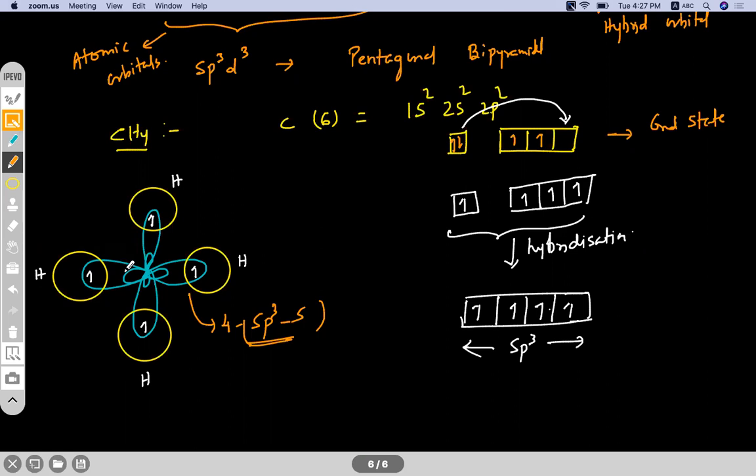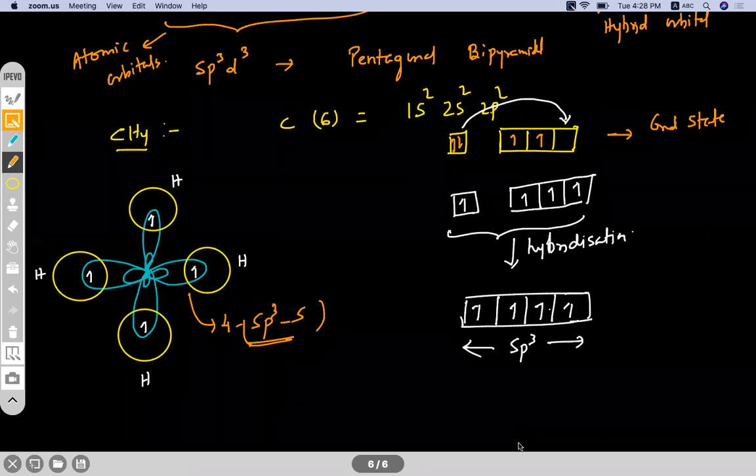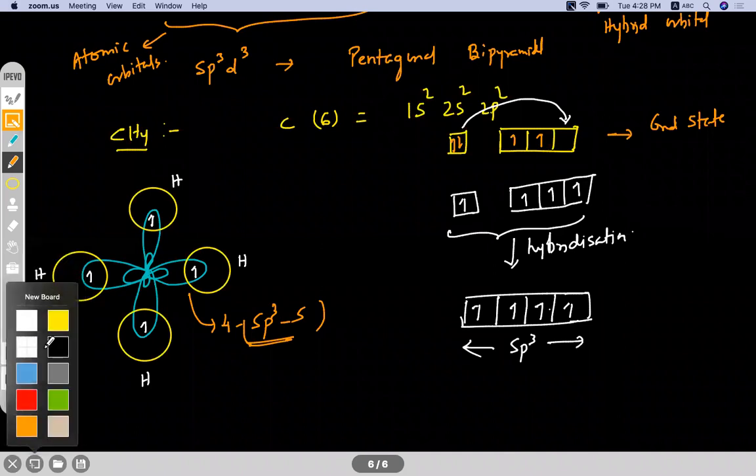Did you get it? No doubt. So this is the theory of hybridization. Now, one more example.